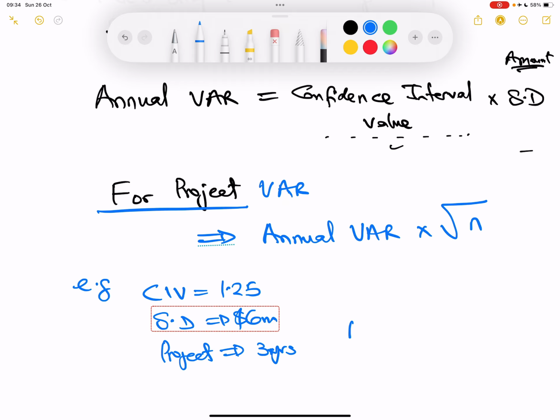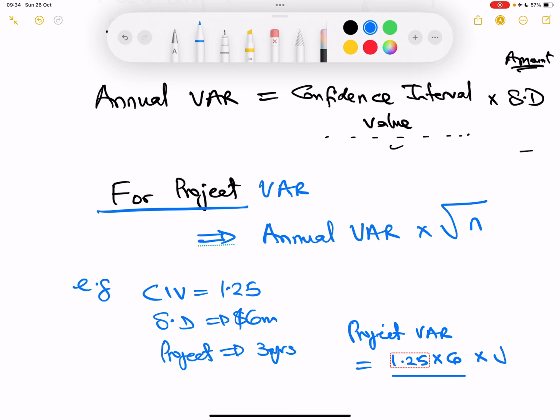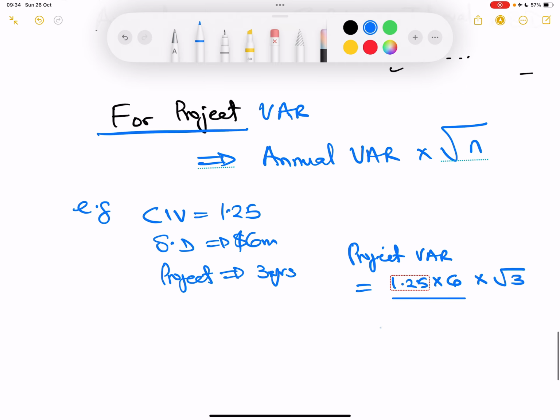It means the project VAR is simply equal to 1.25 times 6 million. This is annual VAR. Then I need to multiply by the square root of 3. And if you do that, you realize that your project VAR is about $13 million.